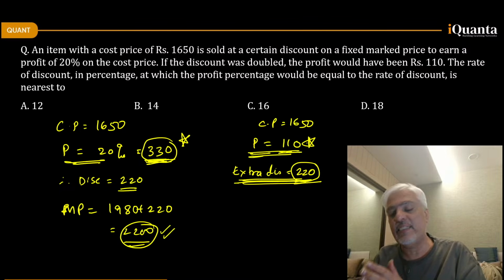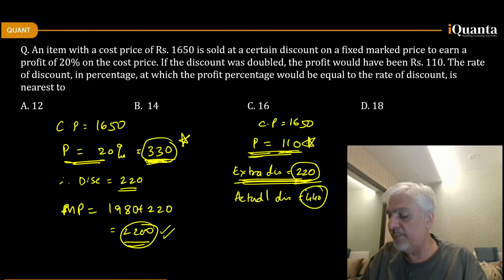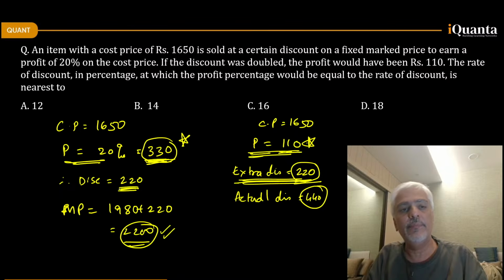Actual discount in case 2 is 440 and it is double of the first discount, so discount in the first case is 220. Mark price will be selling price plus discount. Selling price is 1650 plus 330, 1980, plus discount 220, gives 2200.